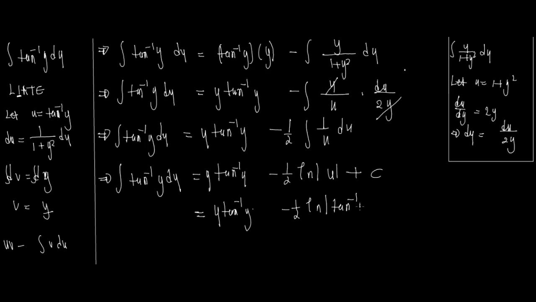No, it should not be arctangent of y, because this one is not on the other side, it's coming from this side. So we'll have that our u is equal to 1 plus y squared, plus C. So this is the answer to this problem.